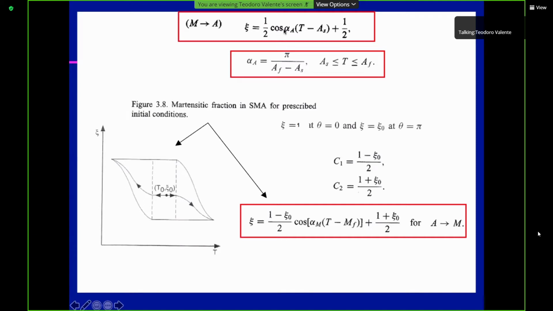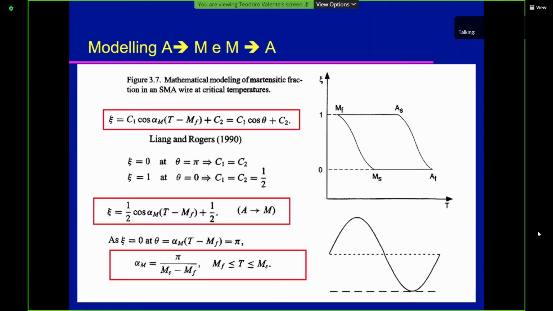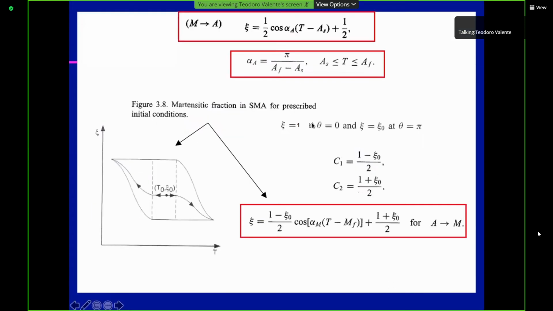And with the same approach, it's quite easy, since the general form, we said, can be applied on cooling and on heating, we obtain that the transformation of martensite to austenite, thermally induced, that is induced by a temperature variation, can be written like this.